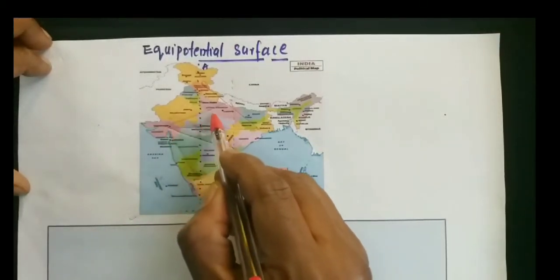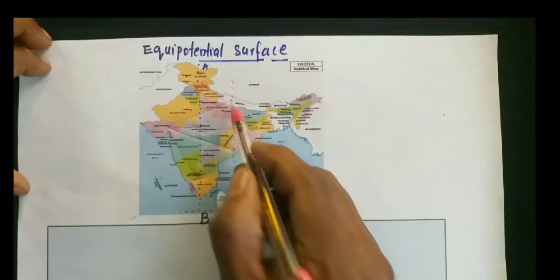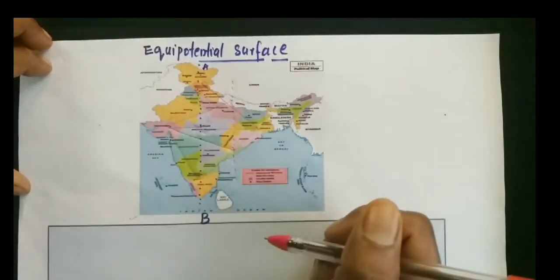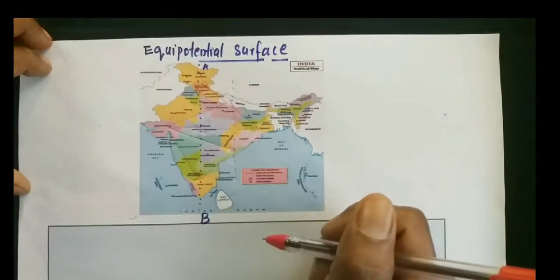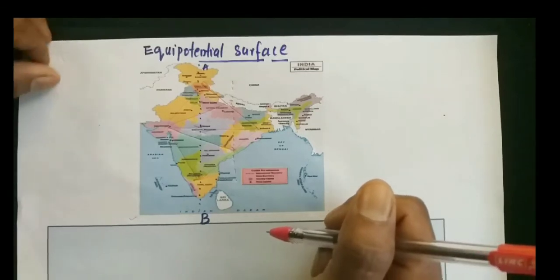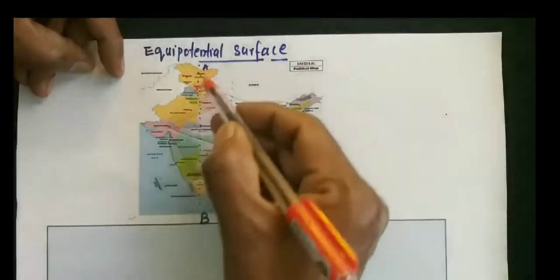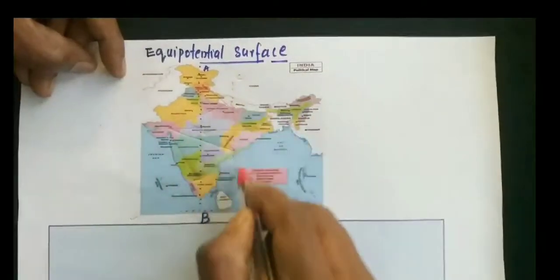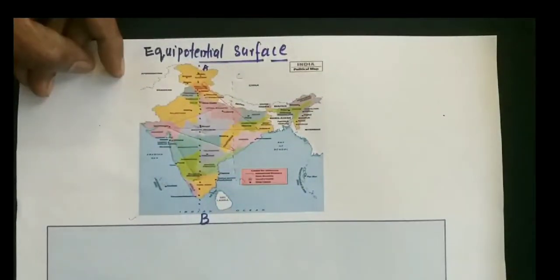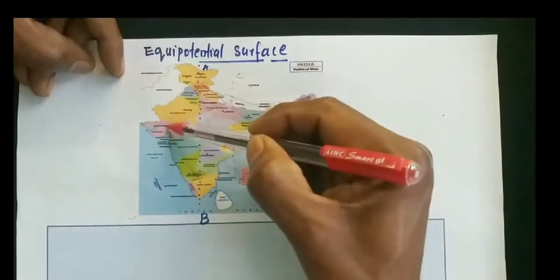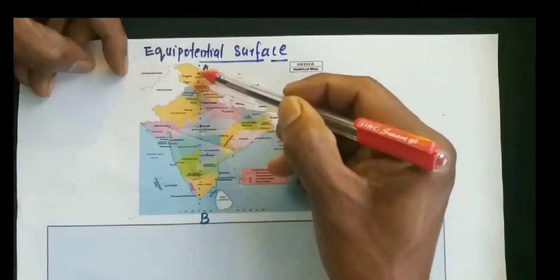Now you can see that all the places which lie on the line AB will have a common tendency to be visited by the people of Gujarat. And similarly, as we have already discussed, any place which lies on the line CD will also have a common tendency to be visited by the Gujarat people.